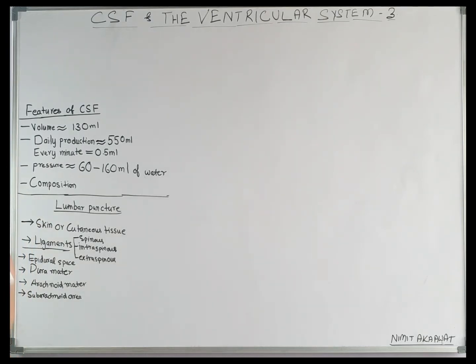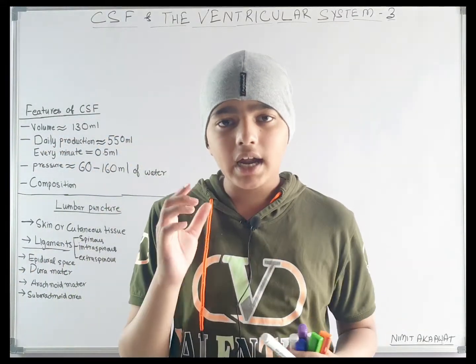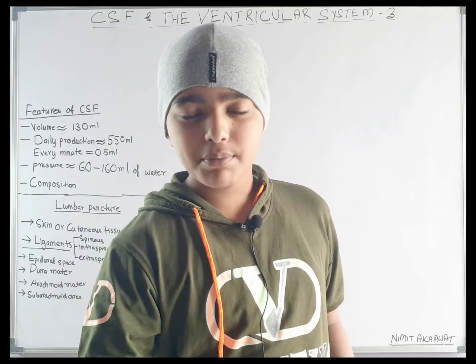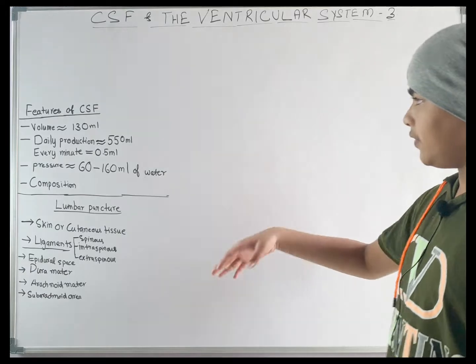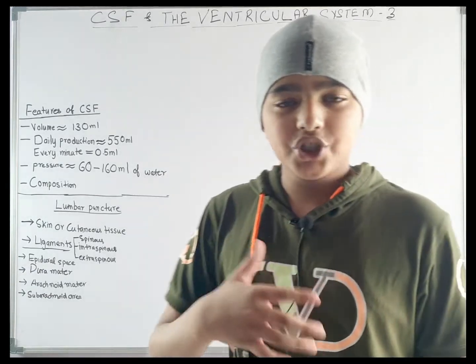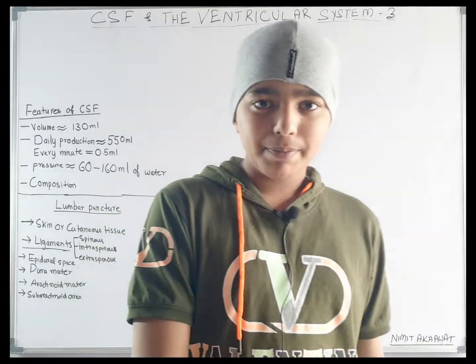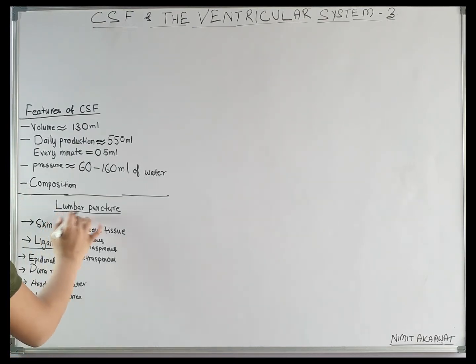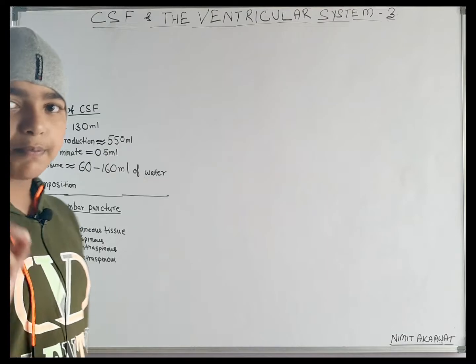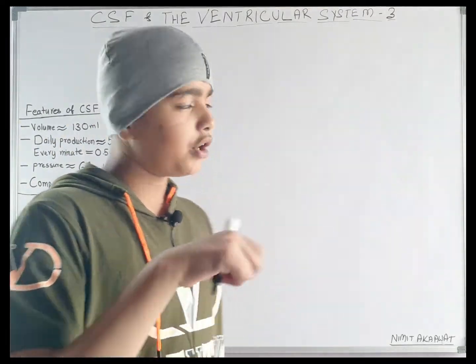Now, before doing lumbar puncture, we should check the intracranial pressure, because if the pressure of CSF in the subarachnoid area, or intracranial pressure, is high, then lumbar puncture can harm our central nervous system. So before doing lumbar puncture, we should check whether the intracranial pressure is high or low.